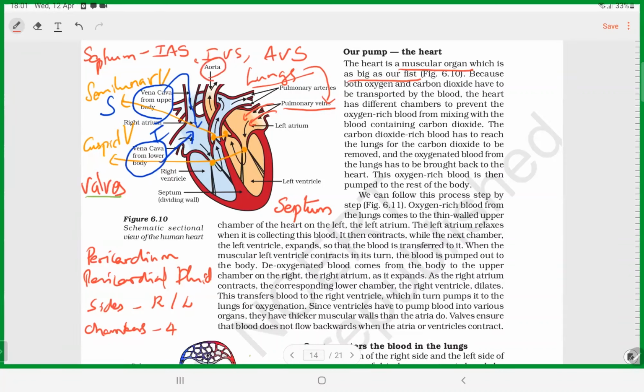Okay, aorta is the exit point of blood from the left ventricle. From the left ventricle, blood exits to the aorta. Is it clear? From the aorta, where does it go? From the aorta, to the rest of the body.